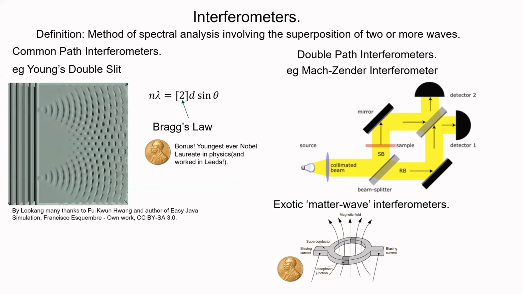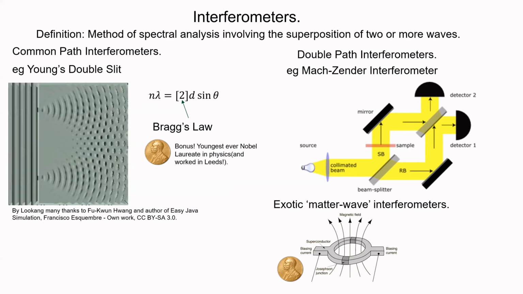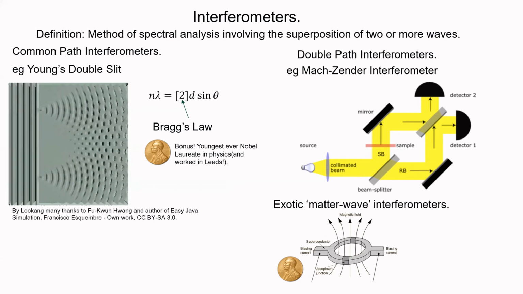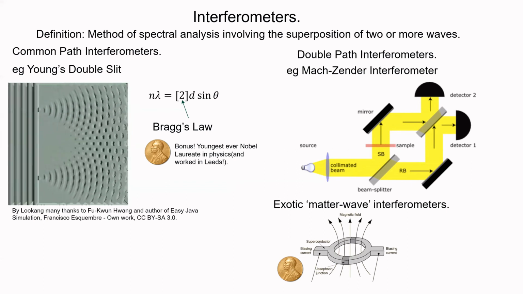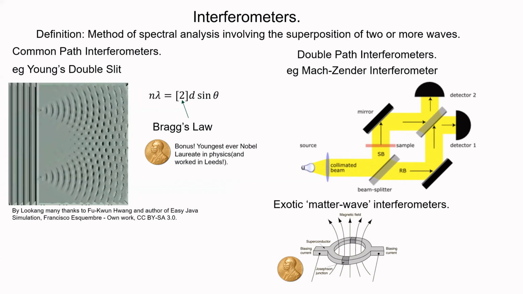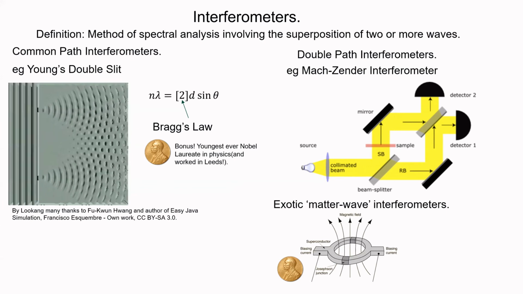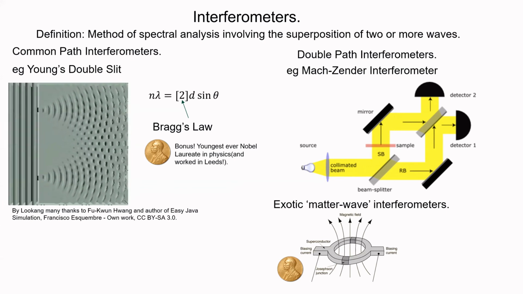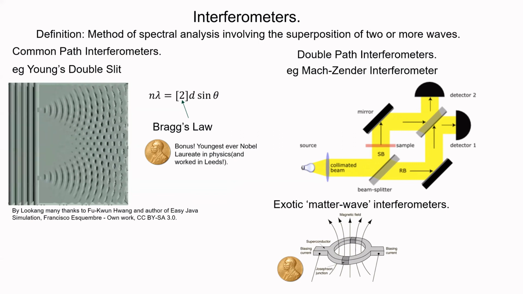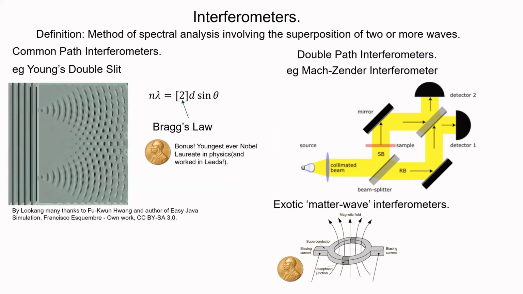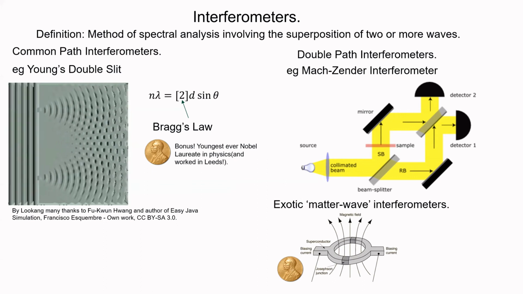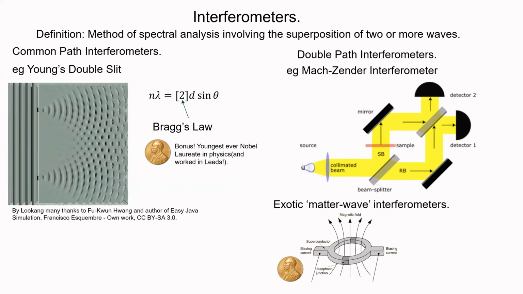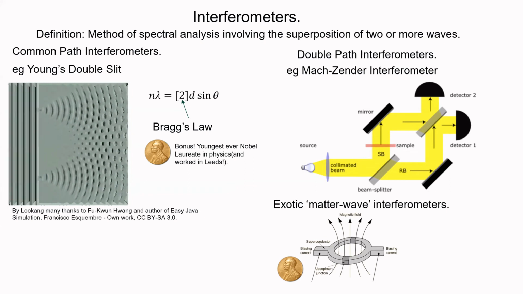Slightly more sophisticated, for use actually as a spectrometry instrument, is to use something like a Mach-Zehnder interferometer, or there are various other designs as well, the Michelson-Morley interferometer or the Fabry-Perot interferometers. And what's going on here is we're splitting our radiation beam into two paths by using a series of partially reflective mirrors, or beam splitters.